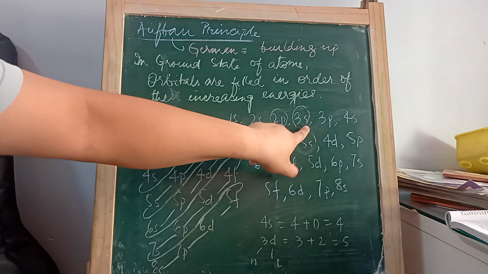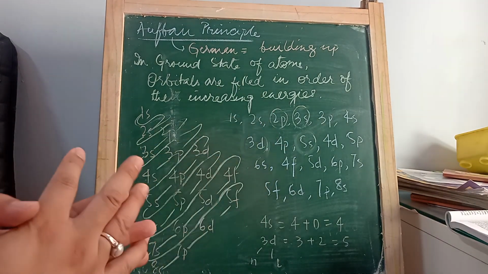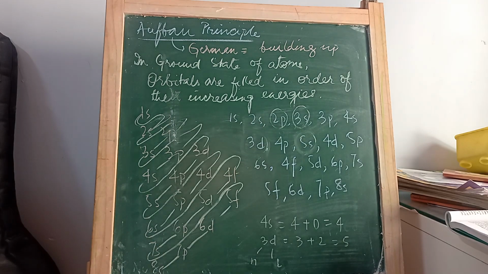That's why between 2p and 3s, 2p will be filled first, then comes 3s. So these are the two rules which help us in finding out the energy of various orbitals.